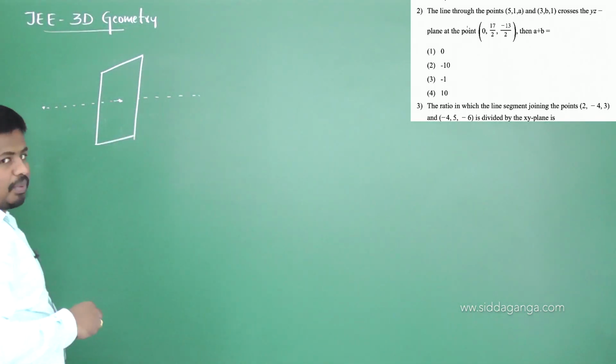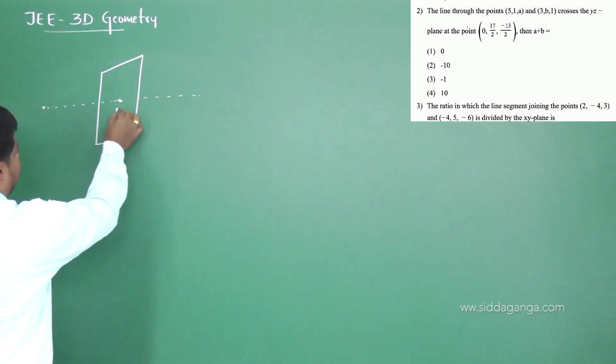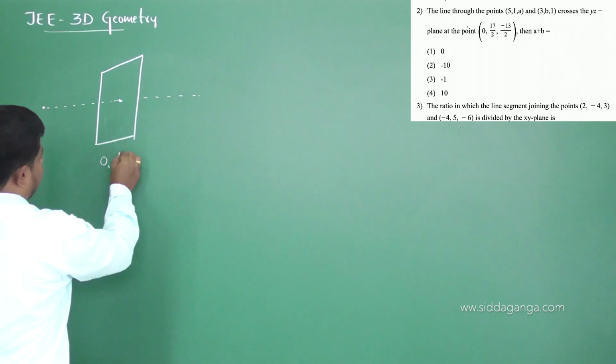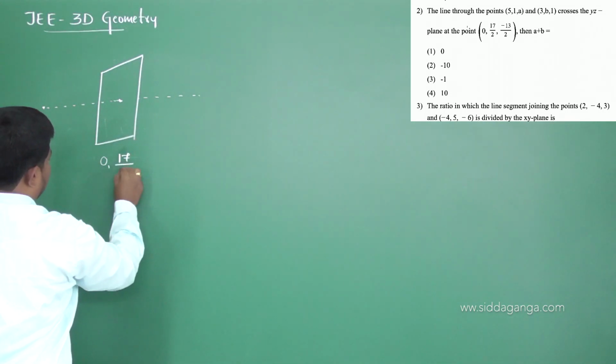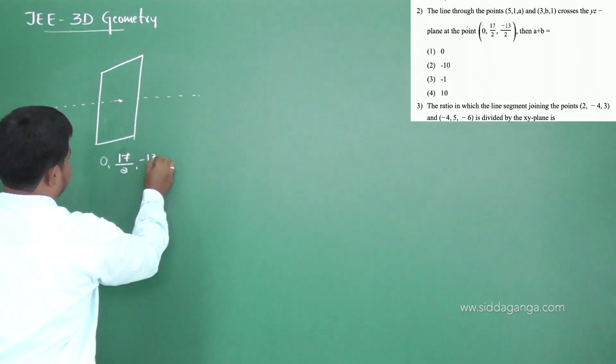We know that any point on the yz plane is of the form (0, y, z). So, this is what is given: 0, 17 by 2, and minus 13 by 2.